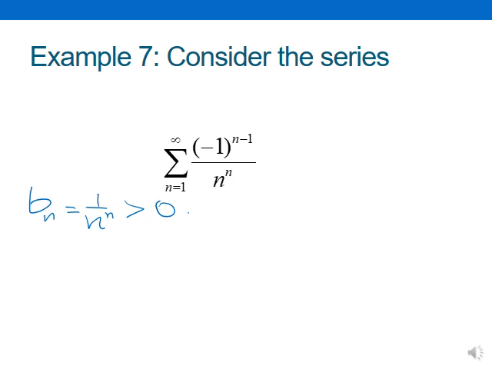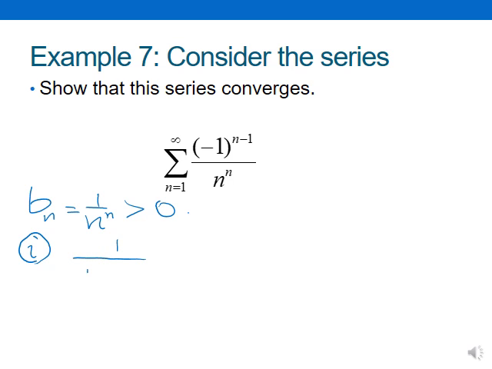Let's check the conditions of the alternating series test first. The first condition is about decreasing. Comparing the n plus 1 term with the n term, the denominator is bigger, so the term is less. It is a decreasing sequence.